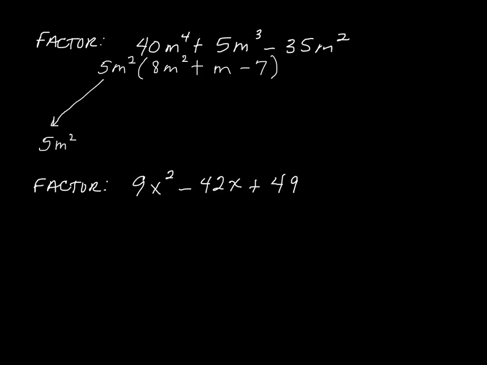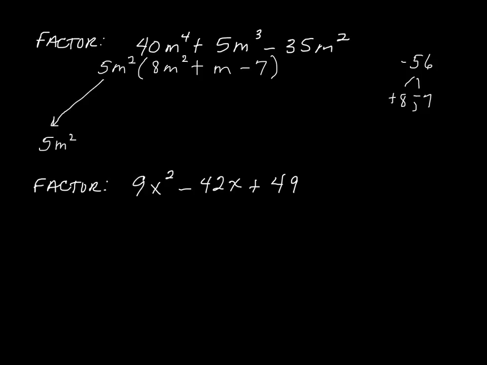Leading coefficient is an 8 instead of a 1, so we have to multiply 8 times negative 7. 8 times 7 is 56, so that's a negative 56. Need 2 numbers to multiply to negative 56, but add to a positive 1. Well, what about 7 and 8? I need a positive 8 and a negative 7.